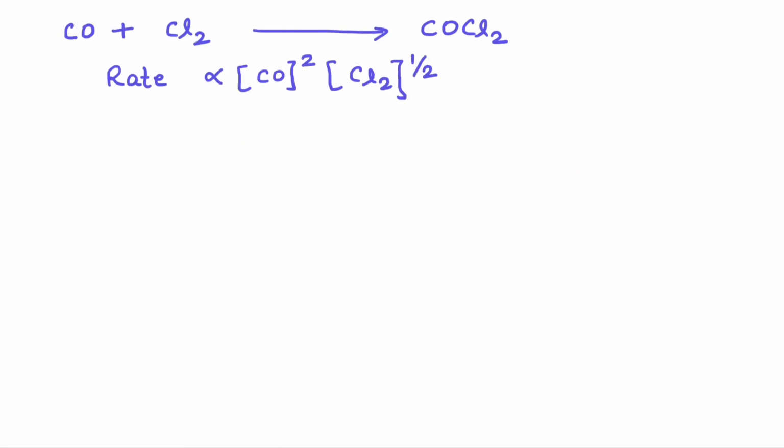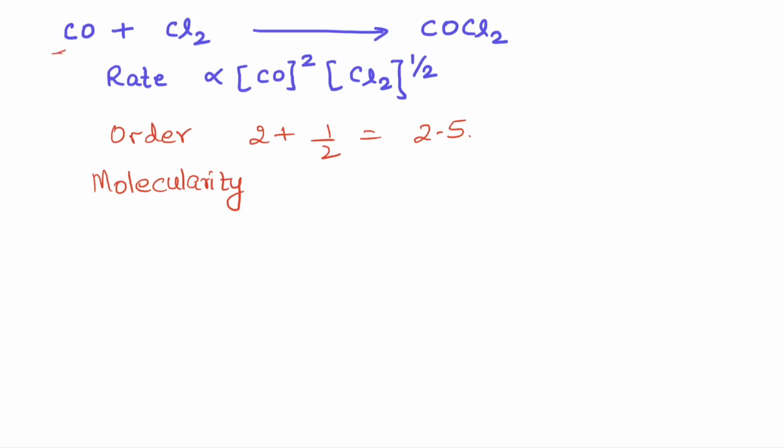So let's suppose I give you this equation. What is the order of this reaction? Yes, the order would be 2 plus half, because we've been given the rate equation. So 2 plus half gives us 2.5. What will be the molecularity, assuming that it's a simple reaction?